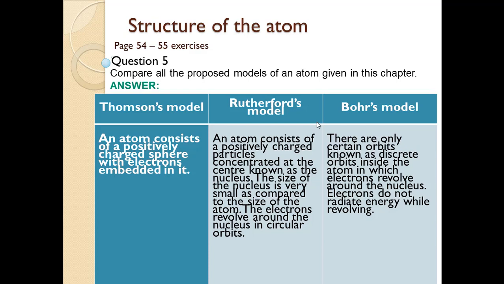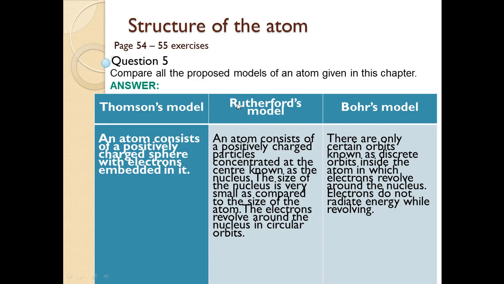In Bohr's model, compared to Rutherford's model, the term discrete orbits comes in, isn't it? So electrons are revolving around the nucleus in discrete orbits, and of course, while revolving in discrete orbits, electrons do not radiate energy. Thomson's model and Bohr's model are given in the textbook. You can include the diagram also.